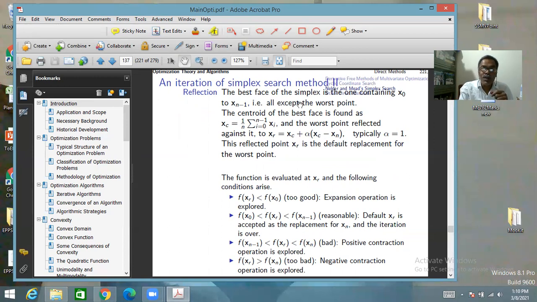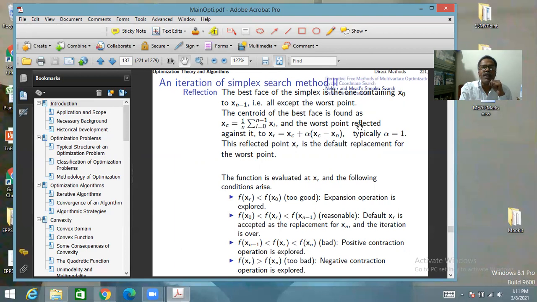So for those vertices which lie on the best face, we find the centroid by this: sum up their position vectors, divide by n, the number of them. One we have removed, so that is why n, not n plus 1. Here also you see n minus 1. The last one is not included.